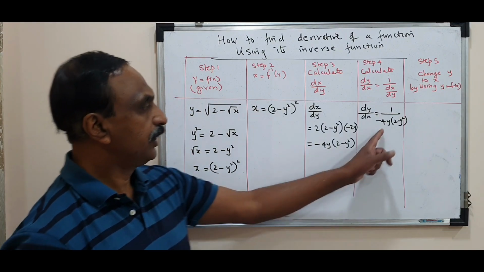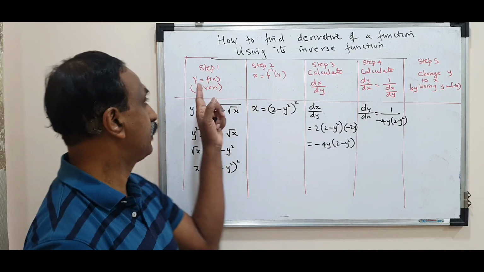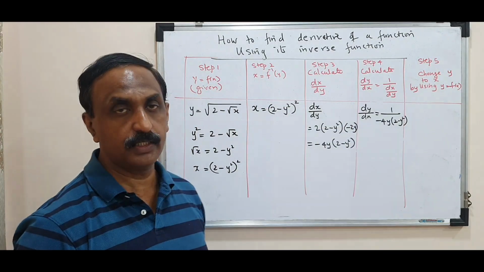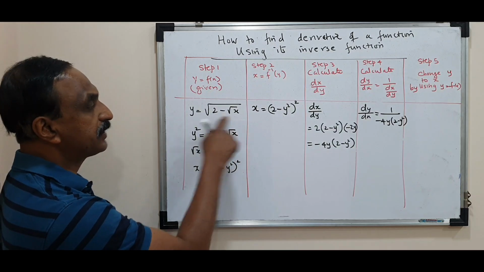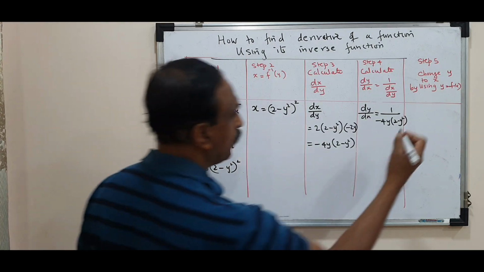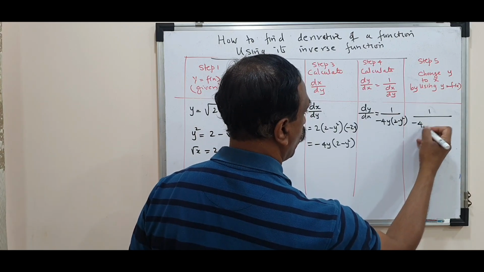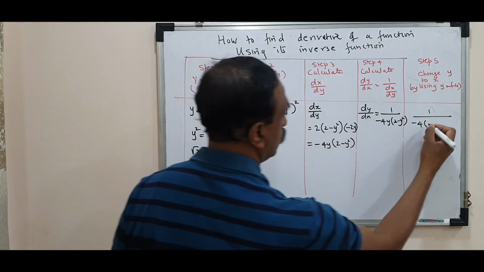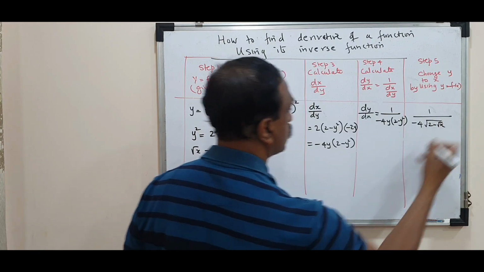Now finally, you usually write the answer in x. You want the derivative of the function in terms of x, not in terms of y. So what will we do? Wherever y is there, we'll replace it using the given function. So your answer will be 1 upon minus 4 into, what is y? Root of 2 minus root x.